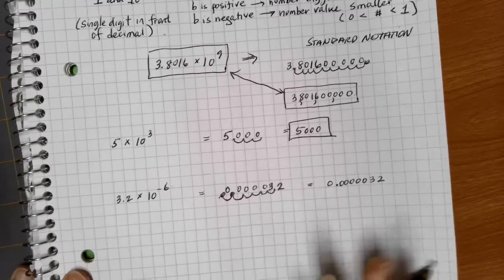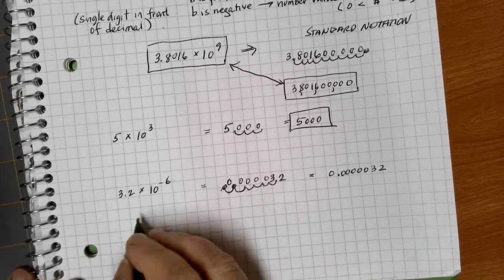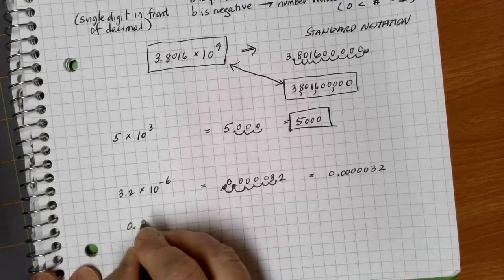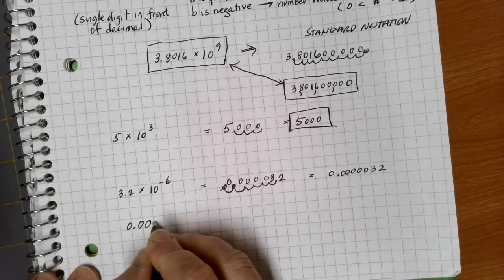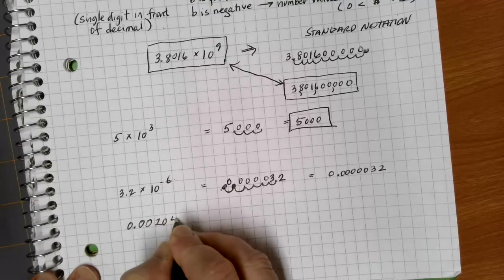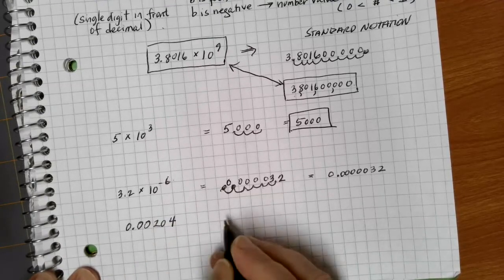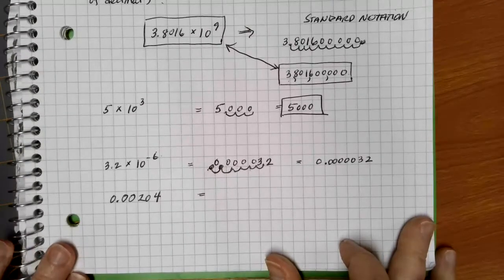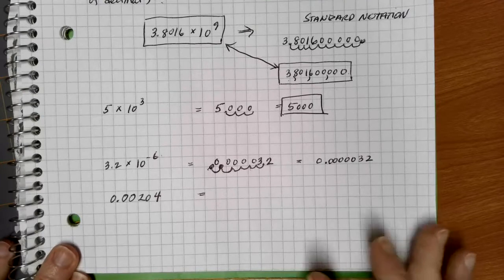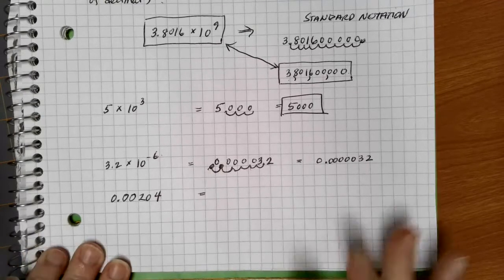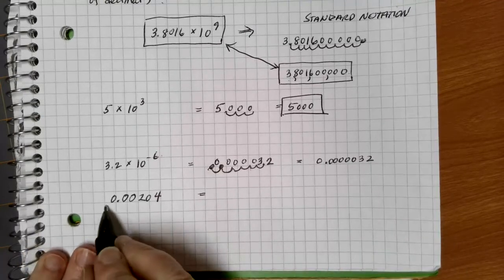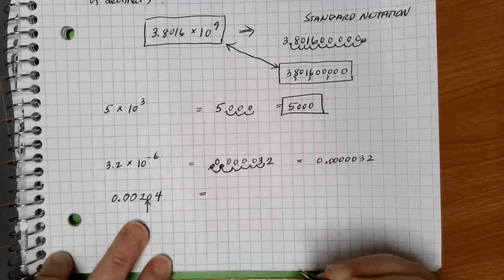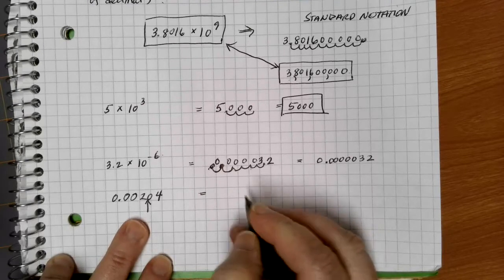Okay, so we also need to be able to go in the other direction. Let's suppose that I have a number like this, 0.00204. Anytime that you're given a number in standard notation that you want to write in scientific notation, the first thing that you need to do is find that value of A, which is a number between 1 and 10. What I do is I look for the first non-zero number that I see. Bam, right there. That's where my location of my decimal point is going to be.